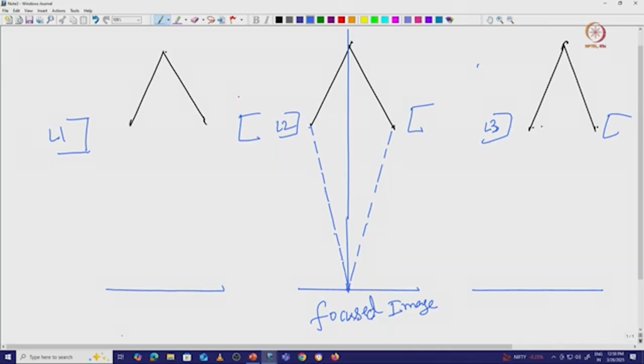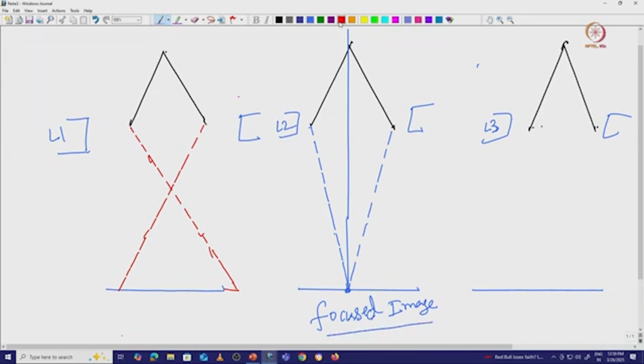One more possibility is this one, that I will just use this ray, and we consider that the magnetic field we are using is such that it is converging somewhere here, and the same thing is true for this particular ray. Okay. So you can see in the blue case, rays are coming and converging at one particular point, that is called the focused image.